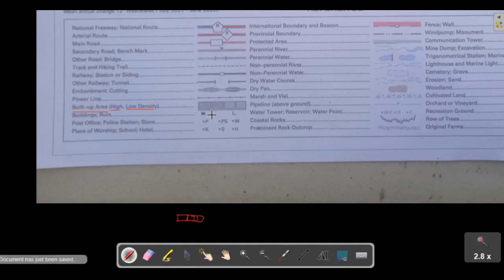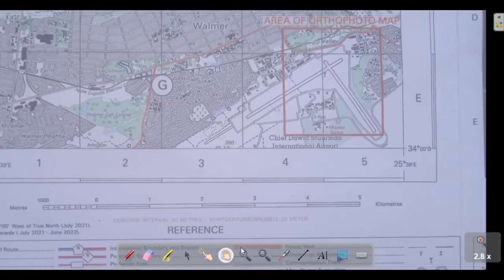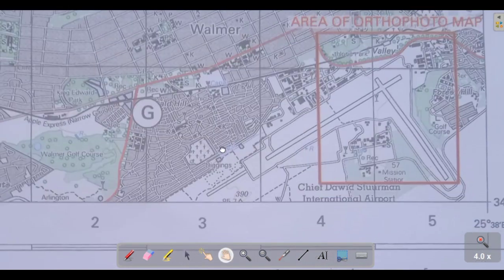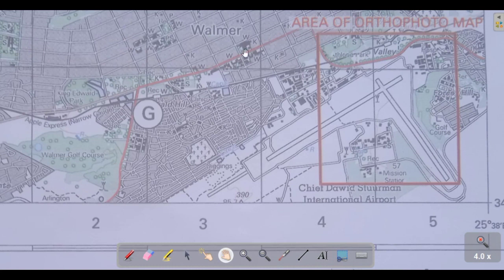So high density should have a darker shade than low density. The low density has a lighter shade of gray. Take a look at this area right over here, which is your G. It has a quite darker color than that area.